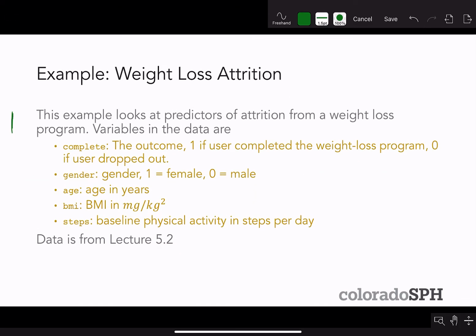To look at a couple of examples, we're going to go back to the weight loss attrition data from the last lecture. This example looks at the predictors of attrition from a weight loss program, where the variables are complete, which is 1 if a user completed the weight loss program or 0 if the user dropped out, gender, age in years, BMI, and steps per day at baseline.